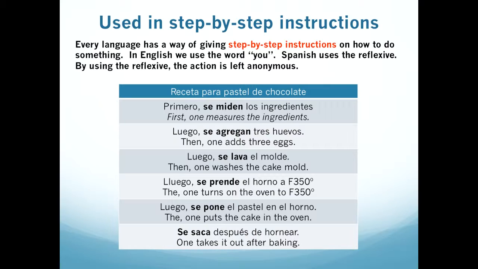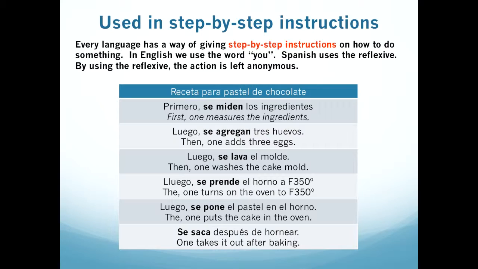Here's a recipe for chocolate cake. Receta para pastel de chocolate. It's used as an example. Don't follow this or it'll taste bad. Primero se miden los ingredientes. First, one measures the ingredients. Se miden los ingredientes. Notice it's plural because ingredientes are plural. Luego se agregan 3 huevos.